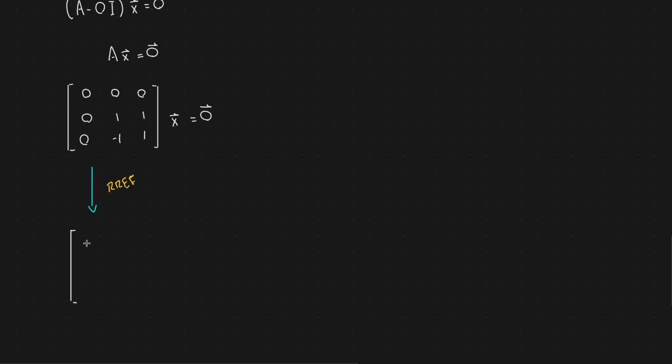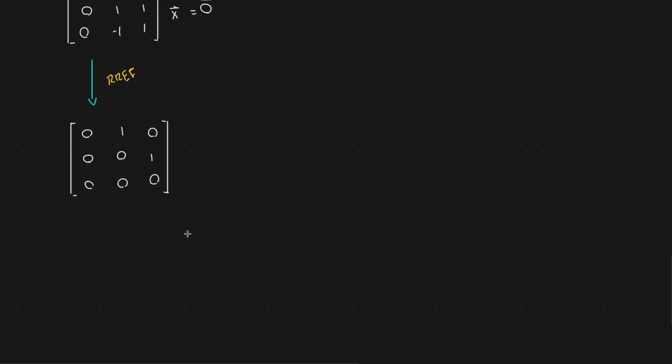And so I get 0, 1, 0, 0, 0, 1, 0, 0, 0. And we can see that there is a column without a leading entry. Column 1 does not have a leading entry, which means it's going to be associated with a free variable.